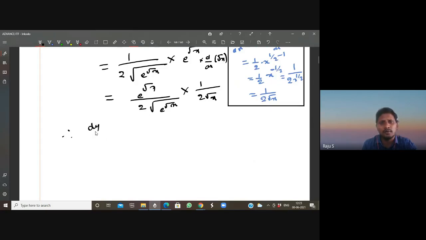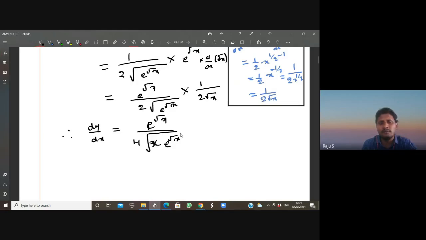Therefore, dy by dx is equal to 1 by, e to the power of root x by 4 times of root x into, when you take root x inside, root is common, so square root of x into e to the power of root x.